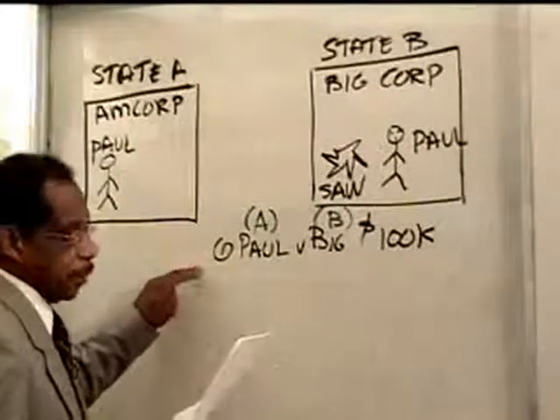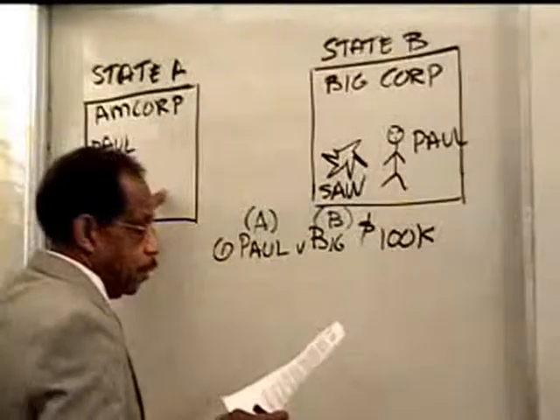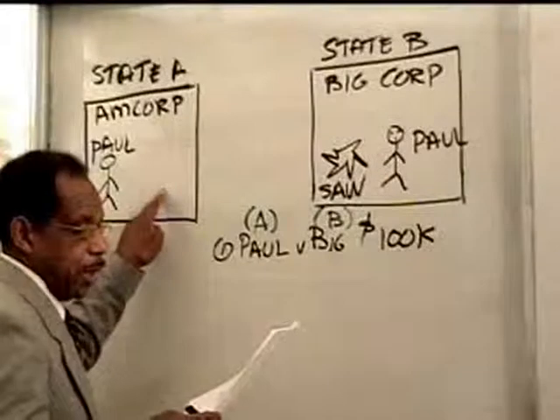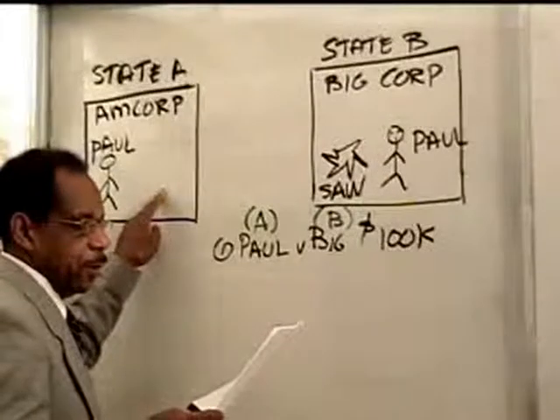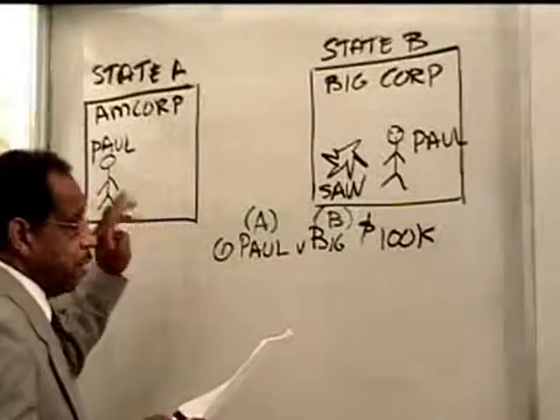So continuing at line 11, we find out that the saw was manufactured over here. Line 13, Amcorp and BigCorp generally conduct business solely in their respective states.